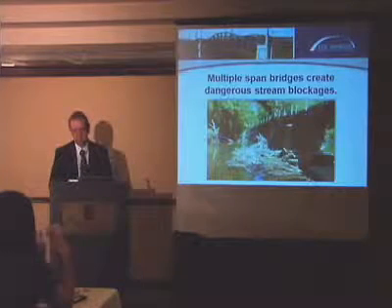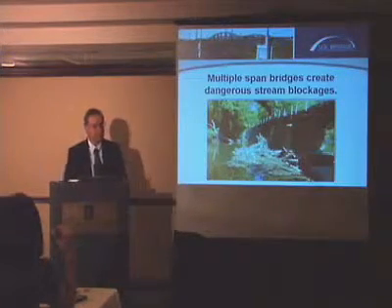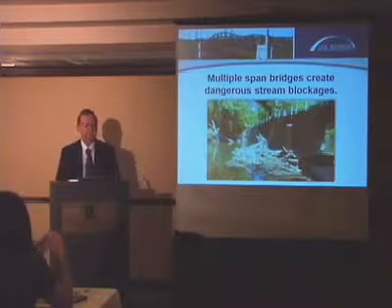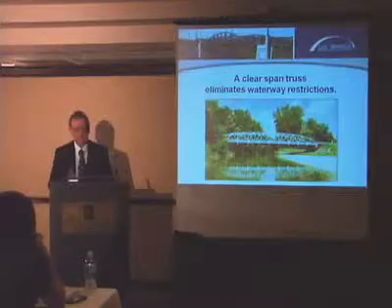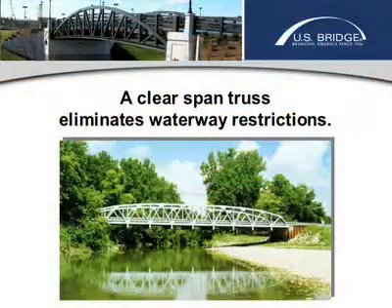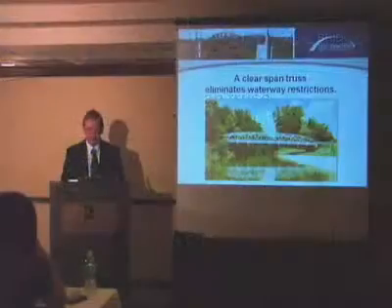They used the bridge until last summer, and finally the DOT came by and put a stop on the use of it. With a clear span truss, this is not the same location, the Crooked Bridge has not been replaced yet, but when it is replaced, it'll be a clear span. All the waterway obstructions will be removed, and they won't have any more problems.